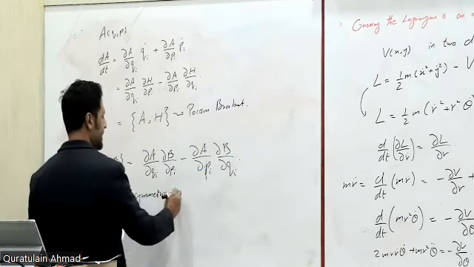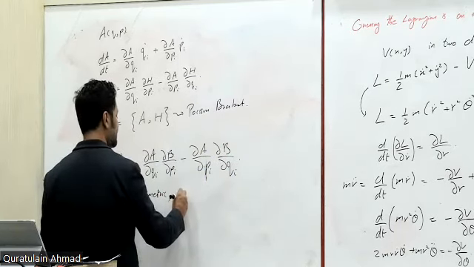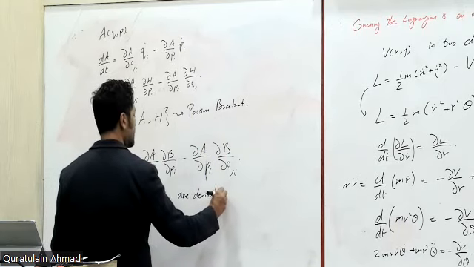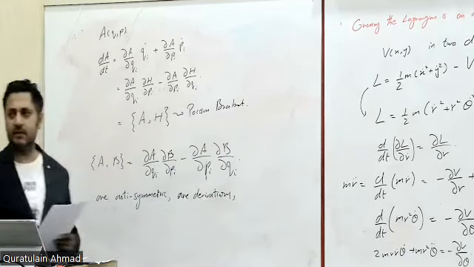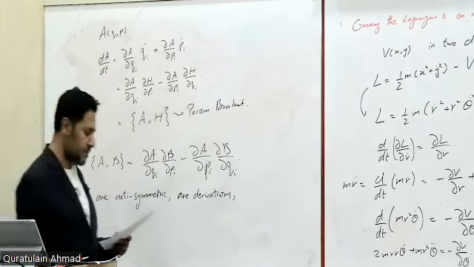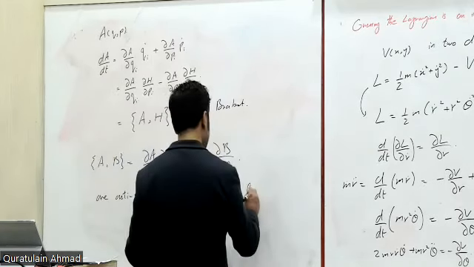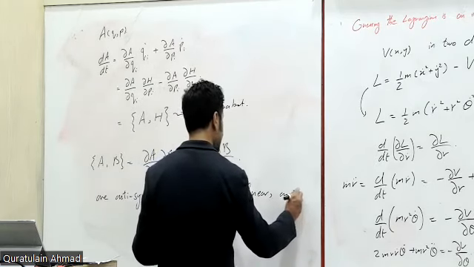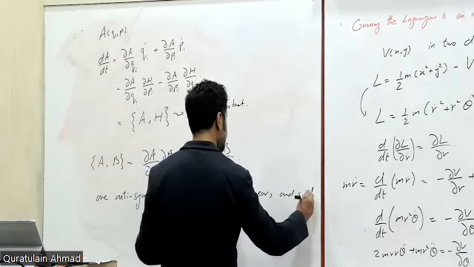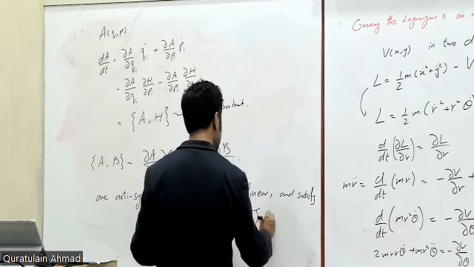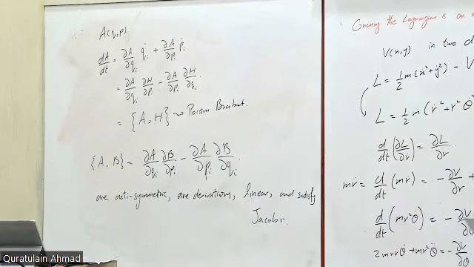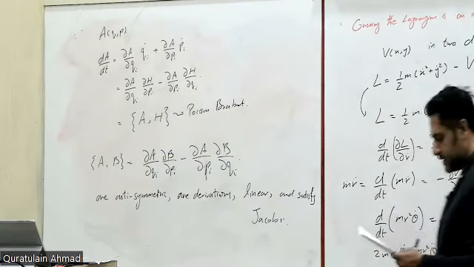They act as derivatives, in the sense that they follow the Leibniz rule. They're linear and satisfy Jacobi. I hope you know all of this, what it means. I don't need to write it.